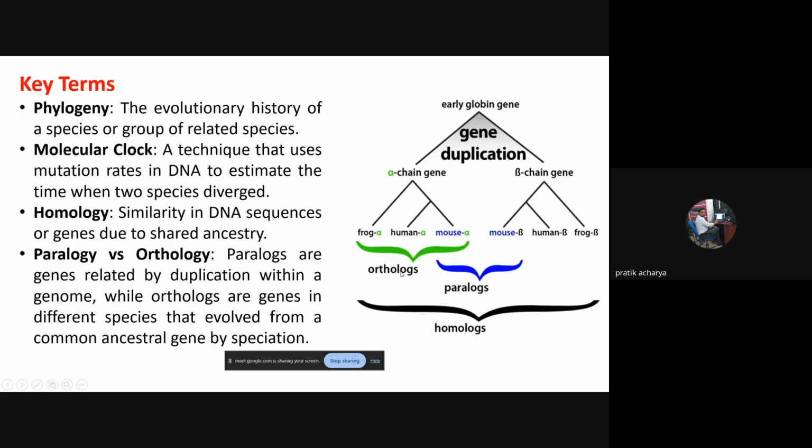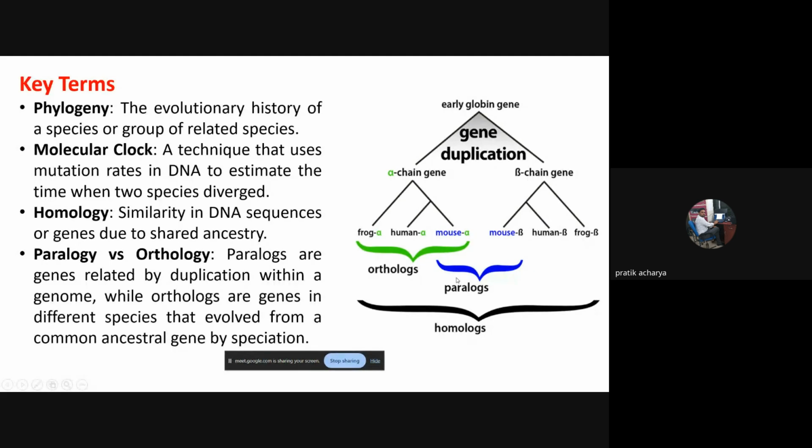That's why the alpha chain comes under orthologous. Orthologs are genes in different species that evolved from a common ancestral group. The orthologs are the alpha genes; they develop from a common ancestor. That's why they are orthologs.